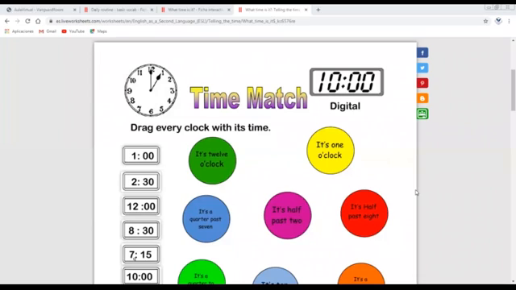Time match. Drag every clock with its time. Drag or match every clock with its time.